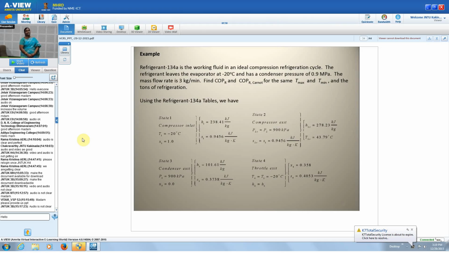The refrigerant leaves the evaporator at minus 20 degrees centigrade and has a condenser pressure of 0.9 megapascal. The mass flow rate is given as 3 kg per minute.